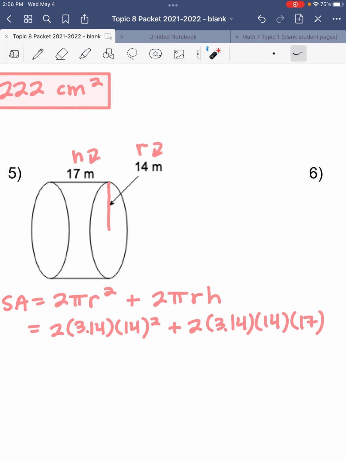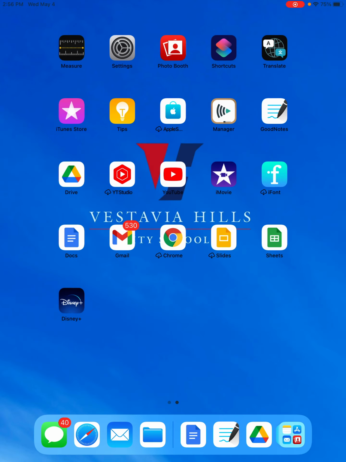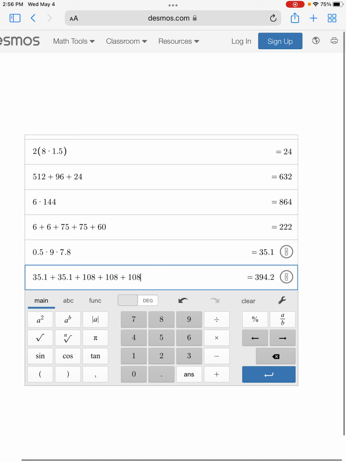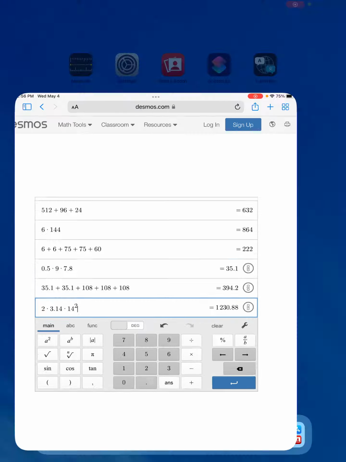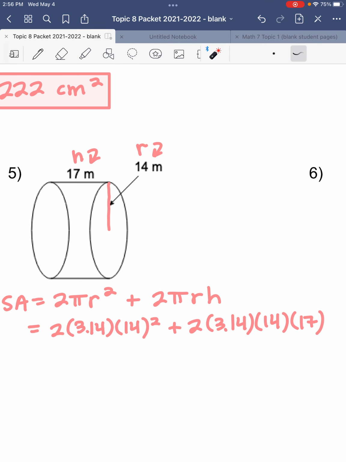So now I've got two pieces that I'm going to plug into my calculator. I'm going to start with this piece right here. Okay, so we have 2 times 3.14 times 14, and remember we hit that A squared button underneath main to square that. And I get 1,230.88. So that first part equals 1,230.88.